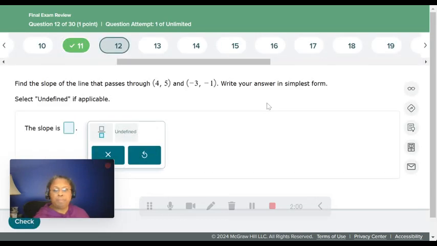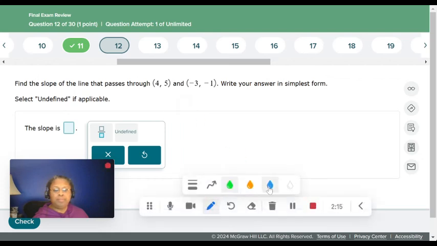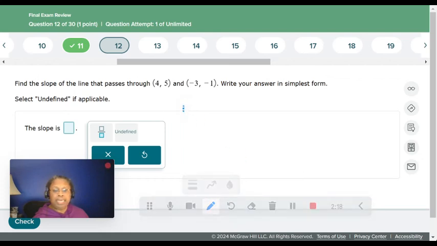Problem number 12. Find the slope of the line that passes through these 2 points. Write your answer in simplest form. Select undefined if applicable. So our slope formula is m equals y2 minus y1 divided by x2 minus x1.